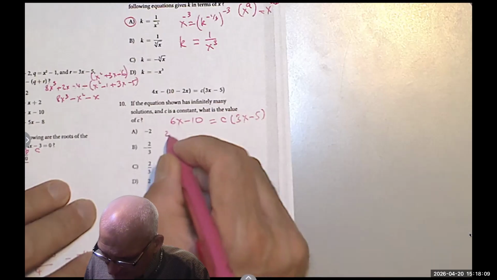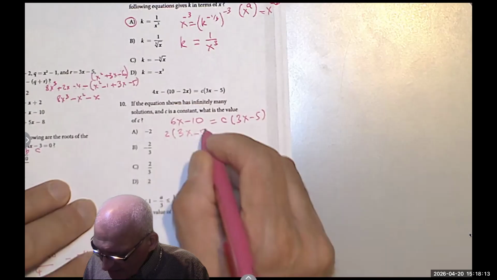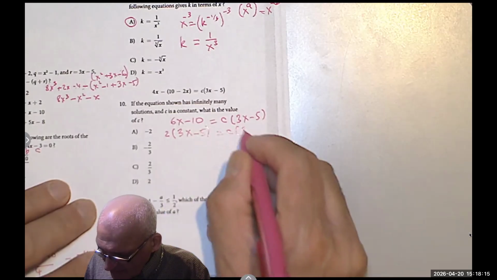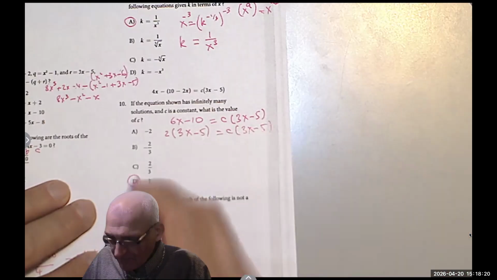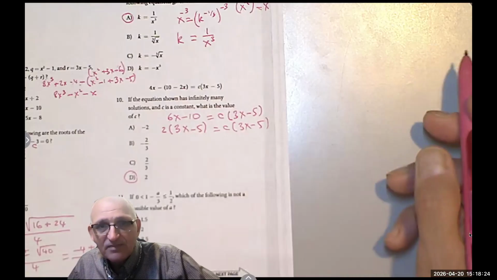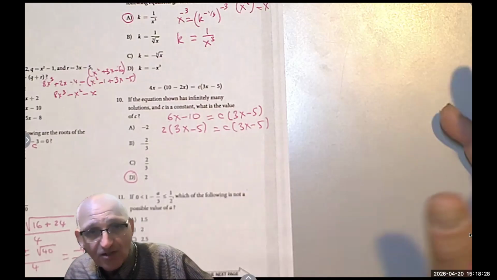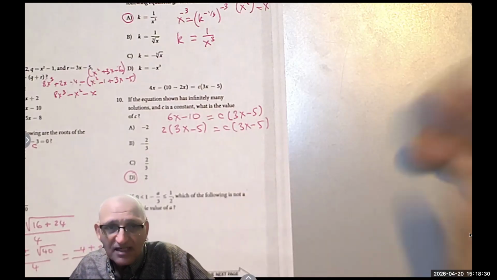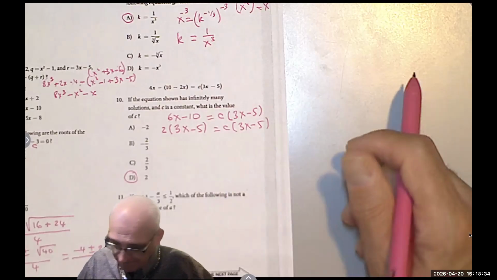If I factor out 2, what a surprise, I get 3x minus 5, and sure enough, c equals 2. You see that if c equals 2, you will get 3x minus 5 equals 3x minus 5. So no matter what value of x you choose, the left-hand side would definitely be equal to the right-hand side. So this equation would be satisfied.